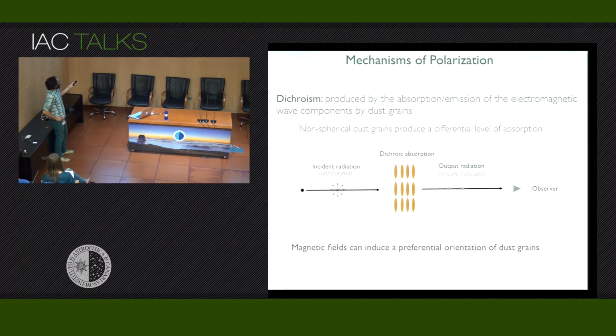We have the dust grain elongated and perfectly aligned. The output radiation will be linearly polarized with the position angle of polarization perpendicular to the plane of the screen. One mechanism that can align the dust grain is the magnetic field, so the magnetic field can be estimated depending on the PA of polarization and the degree of polarization.